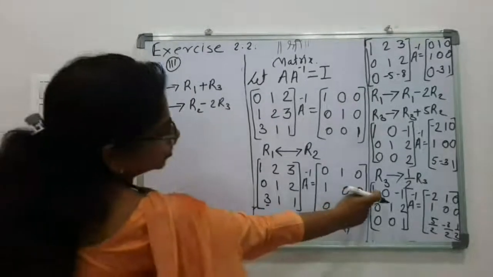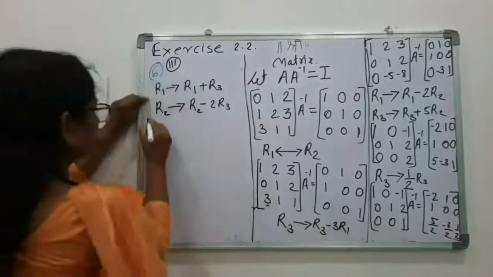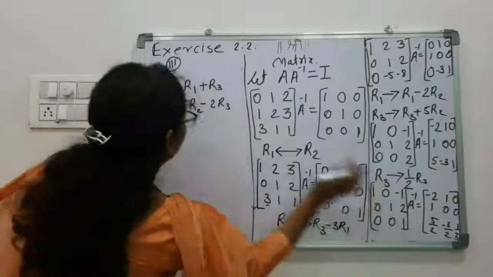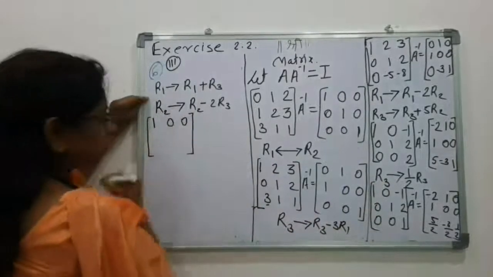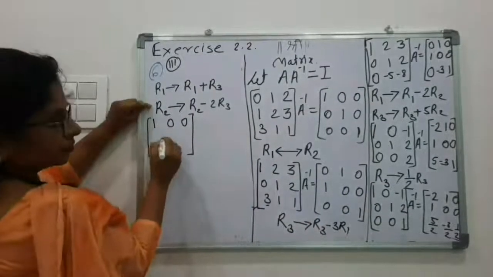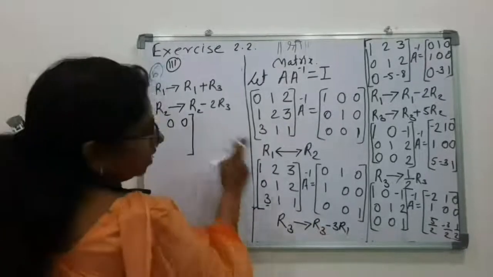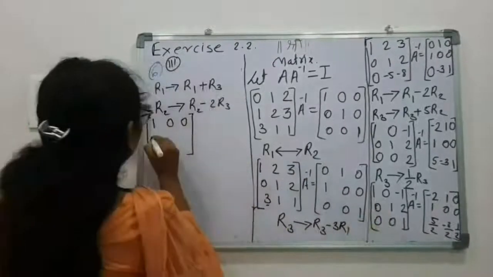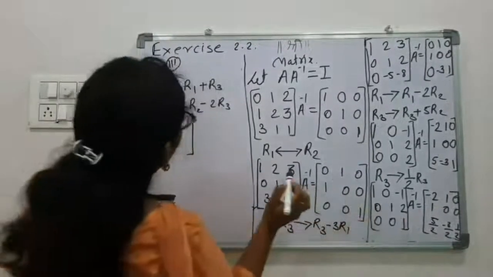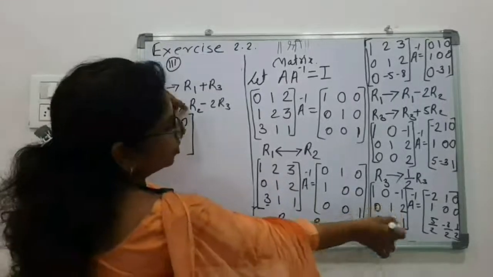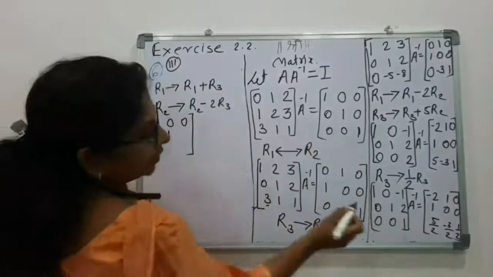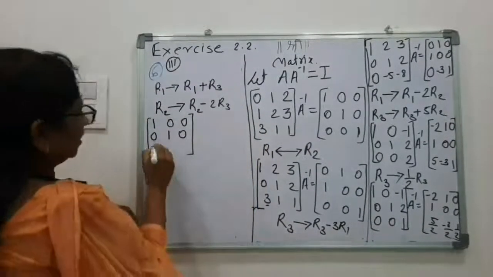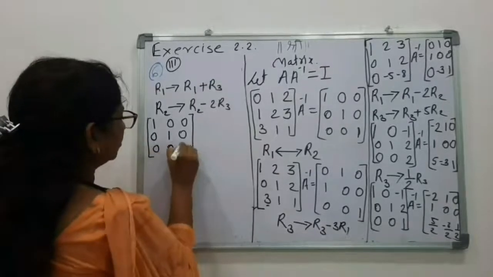R1 and R3, so add these two. 1 plus 0, 1. 0 plus 0, 0. Minus 1 plus 1, 0. For that only we are doing the transformation. So 0. Second row. Again second row, what is that? Both are 0. Means R2 minus 2R3. Means both are 0. So 0. Here 1. R2 minus 2R3 0, so 1 minus 0 is 1. And here for this transformation we are doing this. So 0. And lastly, no change on R3.